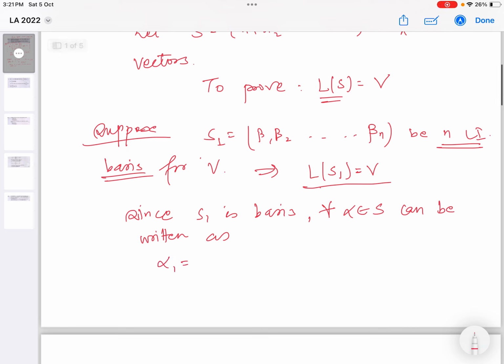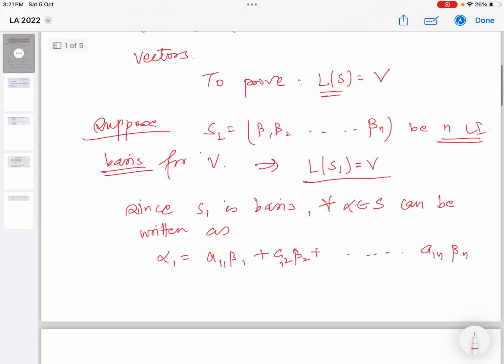Alpha 1 is A11 beta 1 plus A12 beta 2, so on up to A1n beta n.